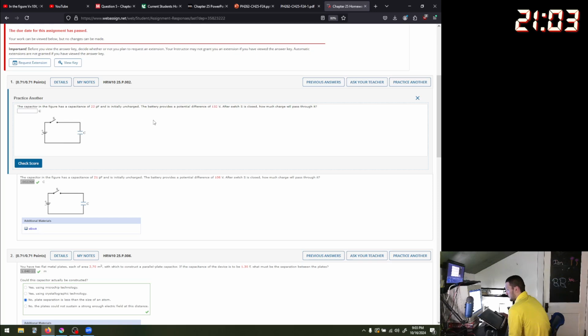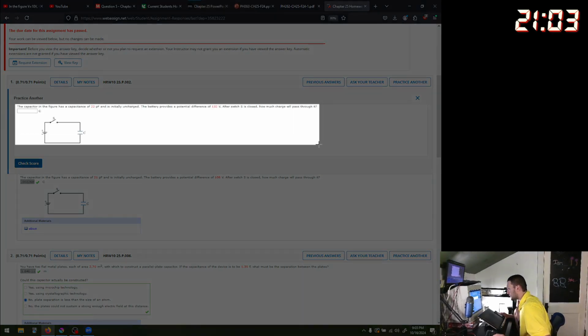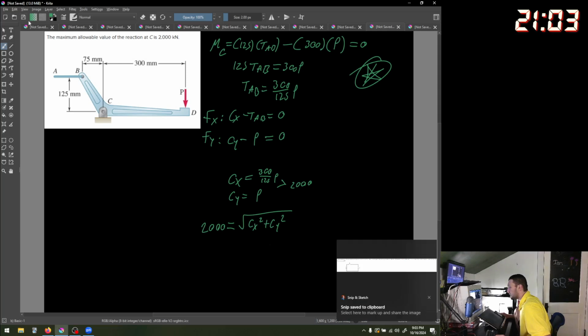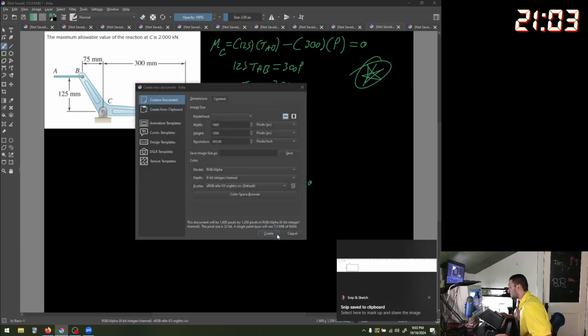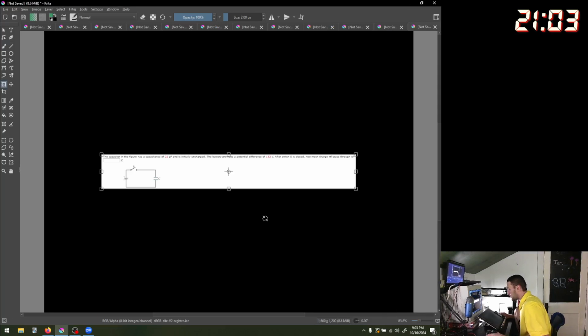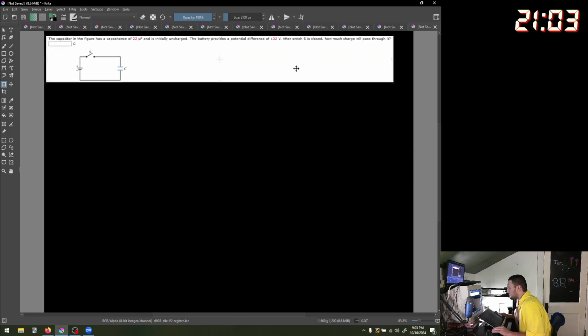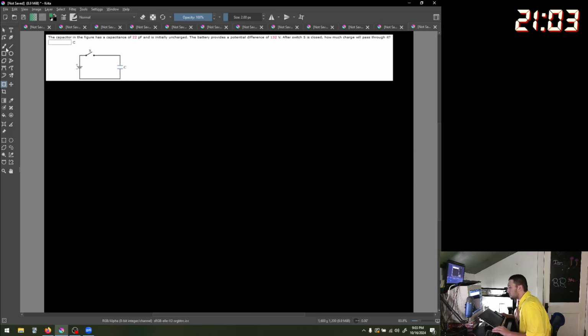So, one capacitor, we have voltage, and we have this thing F, capacitance. Let's take this problem and throw it into this little software, and let's make it readable. There we go.